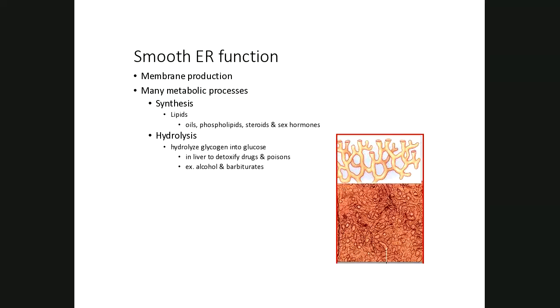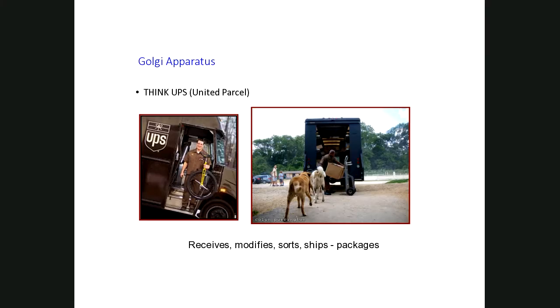So I'm going to skip over this and move on to the Golgi apparatus, because once the protein is made from the rough ER, it moves on to the Golgi apparatus. And for the Golgi apparatus, I'd like you to think of the UPS, United Parcel individuals, the guys that come in the brown trucks.